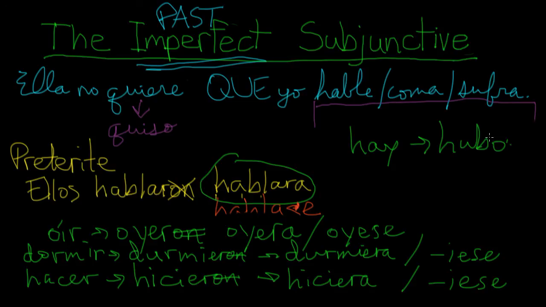And that was the only conjugation we were concerned about, because there is no subject and there was no yo or tú or ellos. But in the imperfect subjunctive, we do need the hubieron form, which did exist in Old Spanish. So we can use hubieron, drop the on, and the imperfect subjunctive form is hubiera. Just like that. All right, just a little refresher, and that's it. Thanks so much.